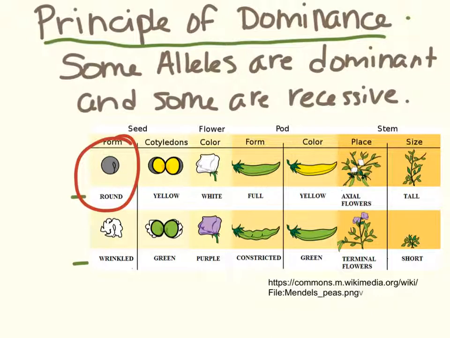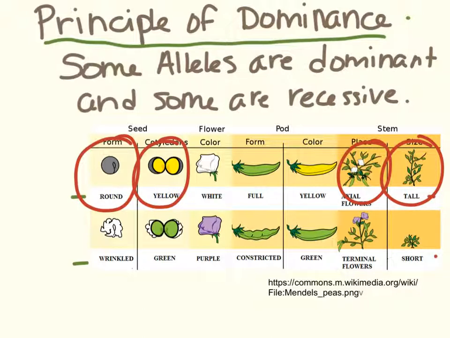He did this with all the various traits, and he found that when comparing the two, one type of trait was always found, such as yellow, or tall, or the axial flowers. If you crossed a tall plant with a short plant, you always ended up with tall. If you crossed yellow with green, you ended up with yellow, as far as the seed color goes. And so this information was the basis for his principle of dominance.